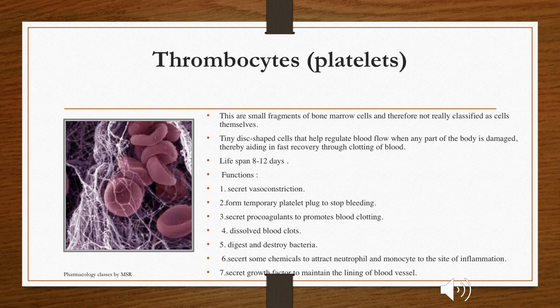Whenever we have an injury, the platelets go to that site and attract the monocytes and neutrophils. They also play an important role because they secrete growth factors. Because of these growth factors, the lining of the blood vessel is maintained and grows properly. All these are the functions of the platelets.